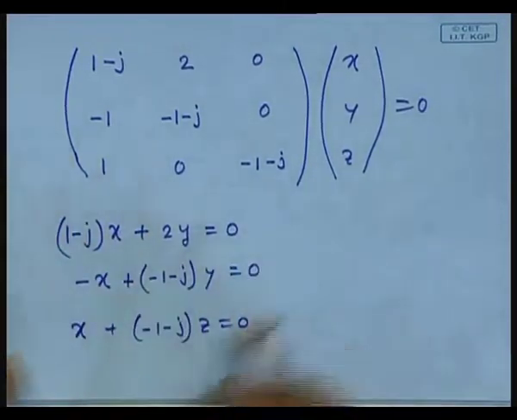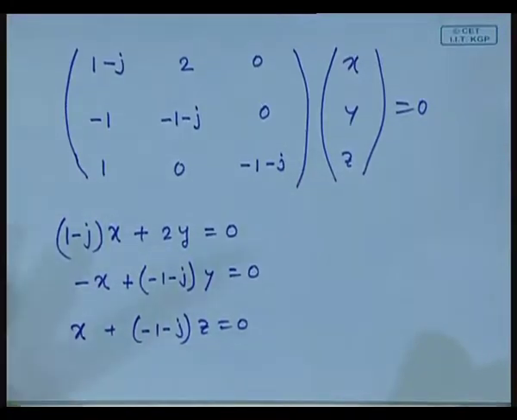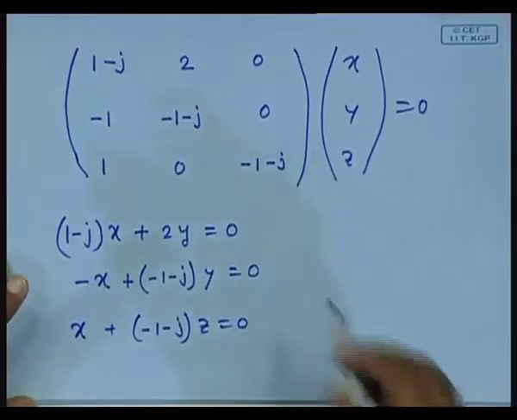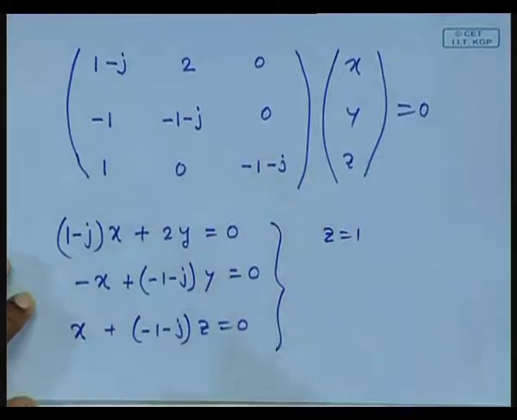What will satisfy these? No, you cannot say 0 0 0, obviously that is not a good result. So, okay, z equal to 1. His suggestion is, let us say z equal to 1.